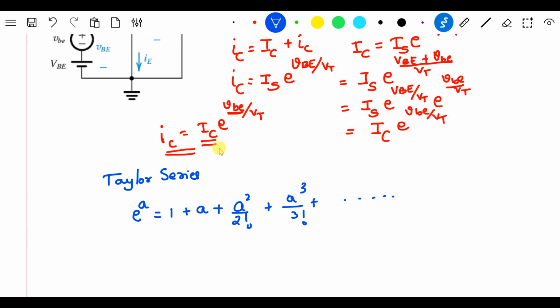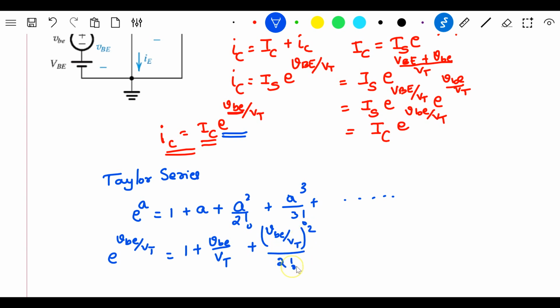If I substitute the Taylor series, since this is in terms of e power a, I can say that e power small vb by VT can be expanded as 1 plus small vb by VT plus small vb by VT the whole square by 2 factorial, plus so on.